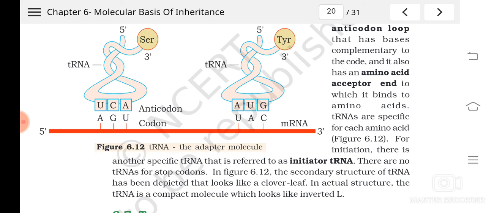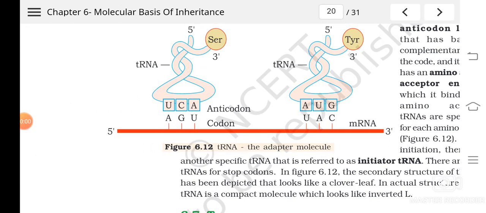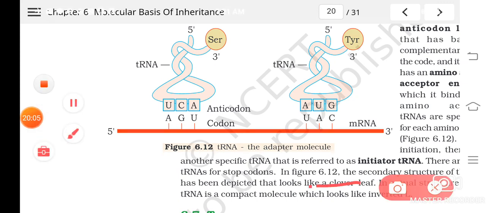What we have learned here is the structure of tRNA. This structure looks like a clover leaf. The most accepted structure of tRNA is the cloverleaf model. In three dimensions, it looks like an inverted L. This also can be asked, so you have to practice this also.